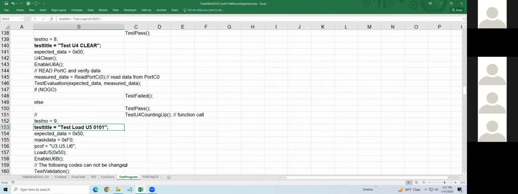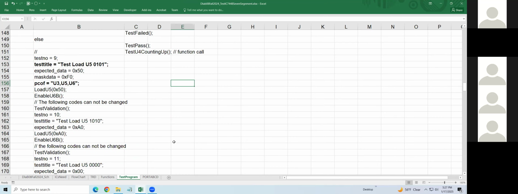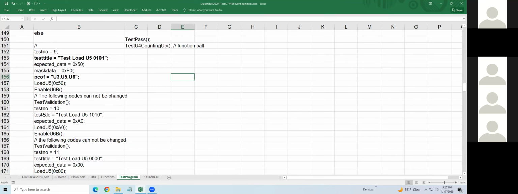You can see PCOP will be U3, U5, U6. That means all the wires have to go to U3, U5, U6. And the next one will be loading different data.